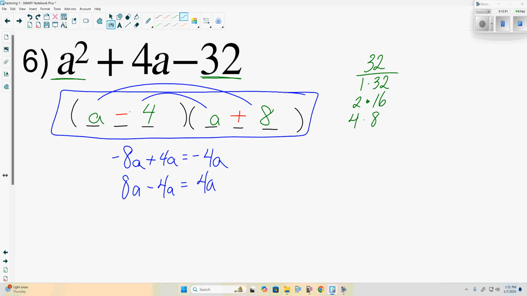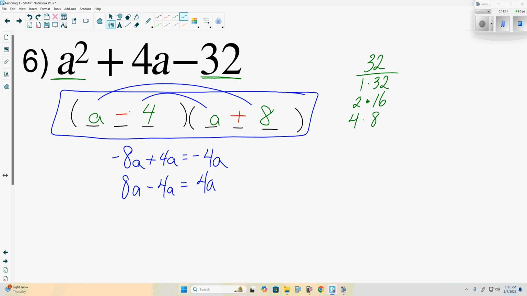Because if we were going to switch the terms, we'd really have to switch the A and A terms and the 4 and 8. But switching A and A really doesn't change anything, so the only thing we actually switch is the 4 and 8. But that's it there. Questions on this here?